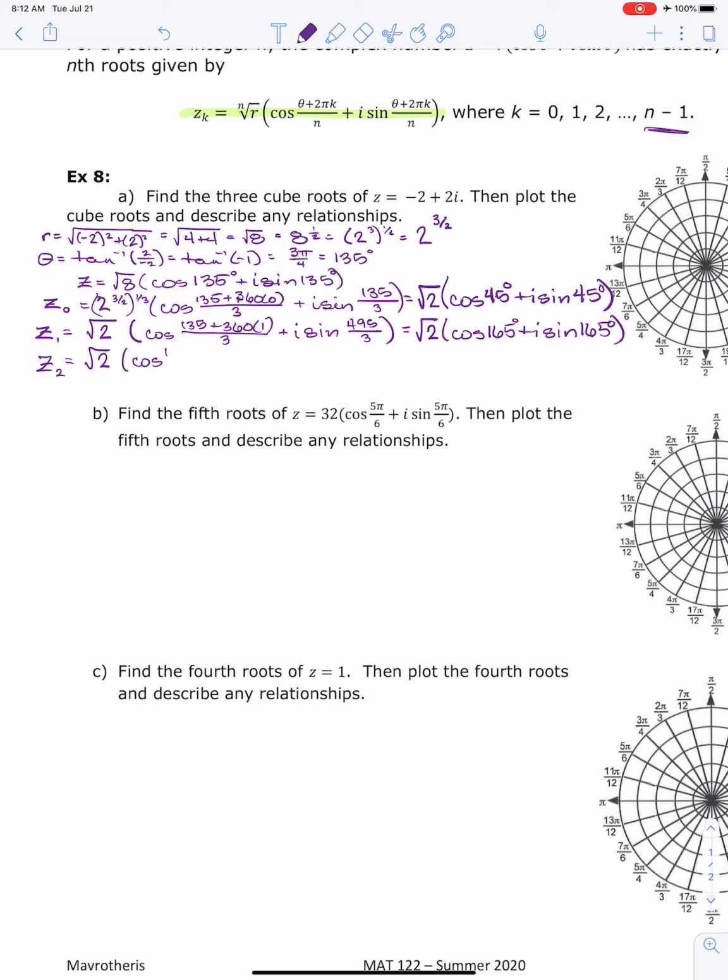And here I've got cosine 135 plus 360 times 2 all over 3, plus i sine. 720 plus 135 is 855. I get square root of 2, cosine of 285 plus i sine 285.